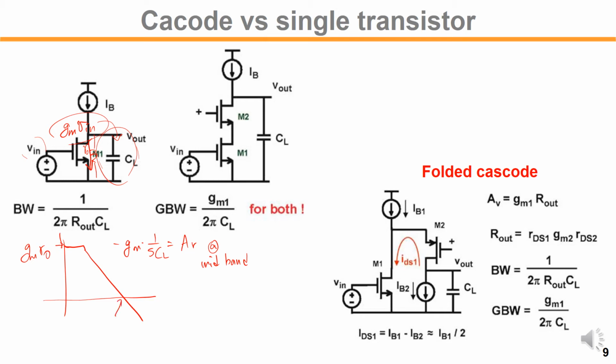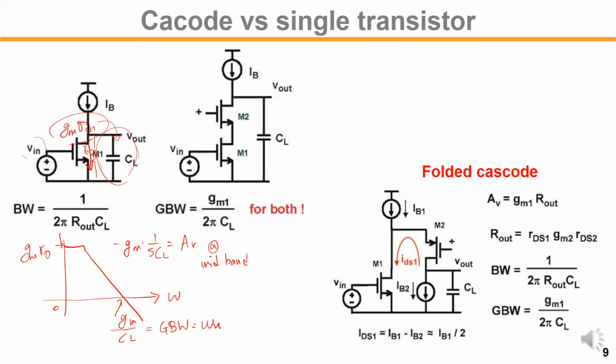So the unity gain frequency would be omega gm over CL, which is the gain bandwidth product GBW, or the omega U, unity gain frequency.